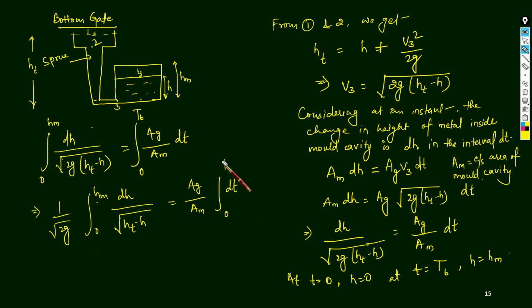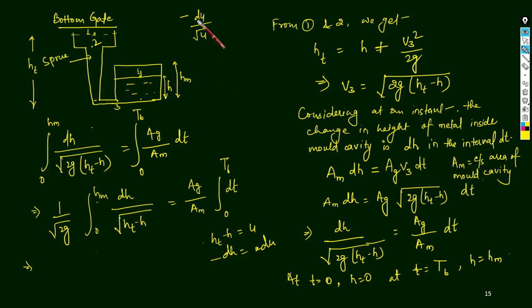See here, what is the integration of this one, do we know? Just take this value ht minus h as u, so du is equal to minus dh, so dh is equal to minus du. Just replace it. I'll do the rough integration: this will be minus du divided by root under u.